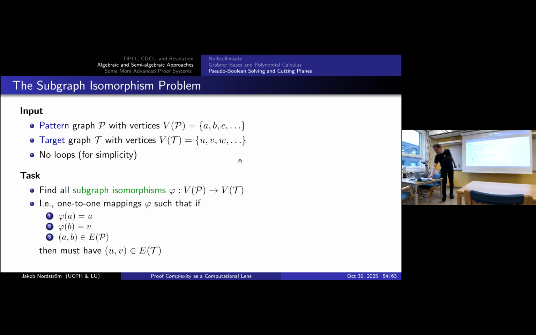Well, I have to map every vertex A in the pattern to some U in the target in such a way that if AB is an edge in the pattern, then they have to map to an edge in the target. Again, this is clearly NP-hard, except that there are really good subgraph isomorphism solvers out there. So if you have a practical subgraph isomorphism problem, chances are you can solve it efficiently.